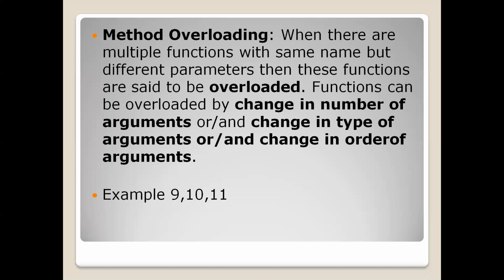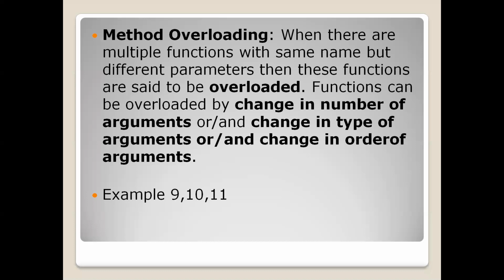So for method overloading, I will show three examples of how we can define the method overloading concept, that is compile time polymorphism, that is static polymorphism. If we want to show method overloading in our program, we can show it in three ways: either by changing the number of parameters, or by changing the type of parameters, or by changing the order of parameters.